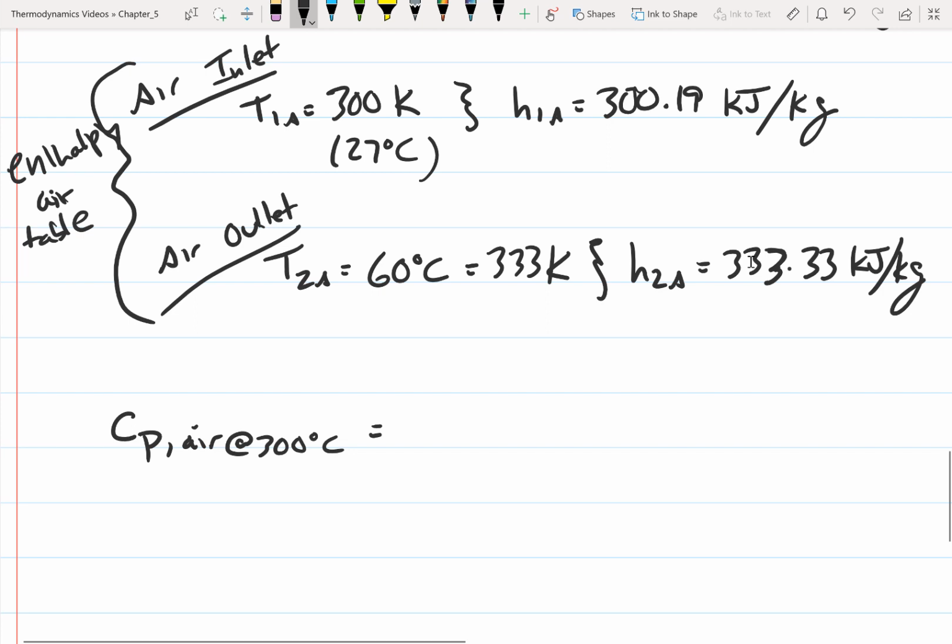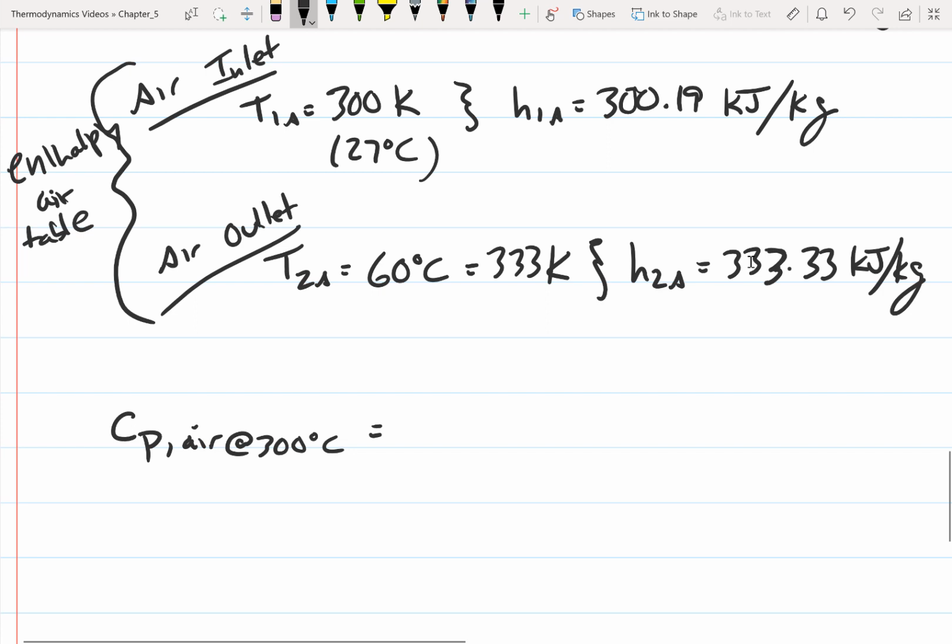and basically the reason why I did that was because if I look at the data for air, I have data for between 300 and 350, and the average of this is somewhere around 315, and the specific heat only varies between 1.005 and 1.008.